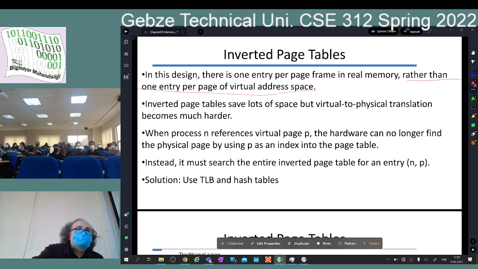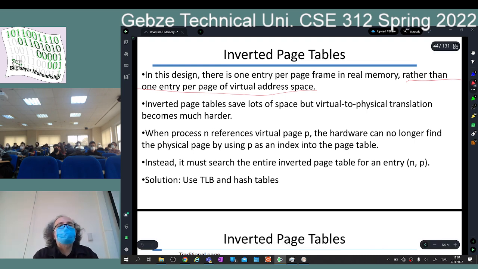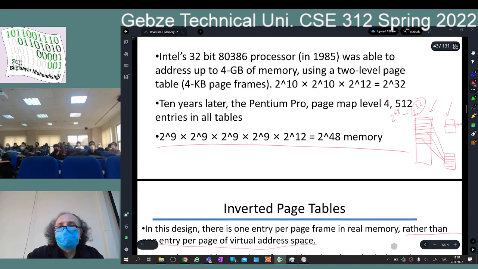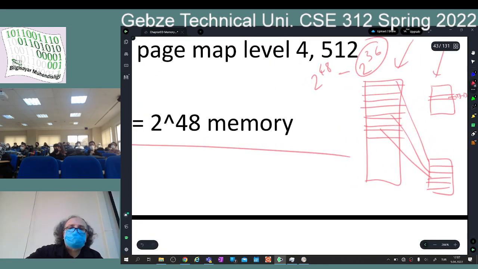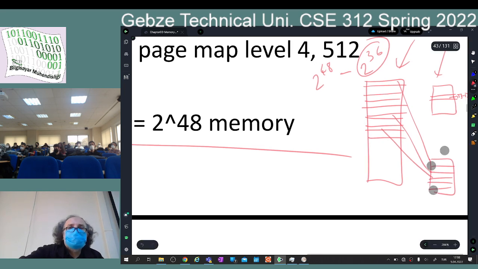Instead, we like to keep one entry per page frame in real memory, okay. So our table will be as small as the number of pages in our physical memory, not like the number of virtual pages.